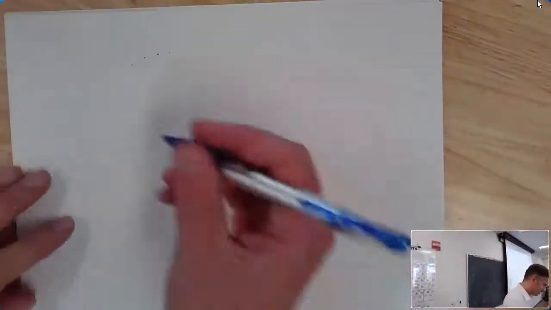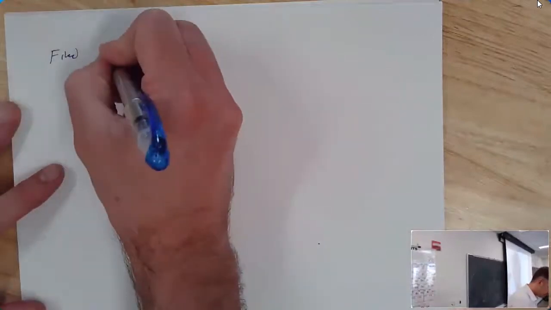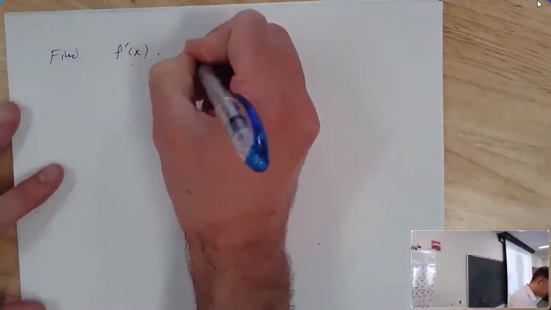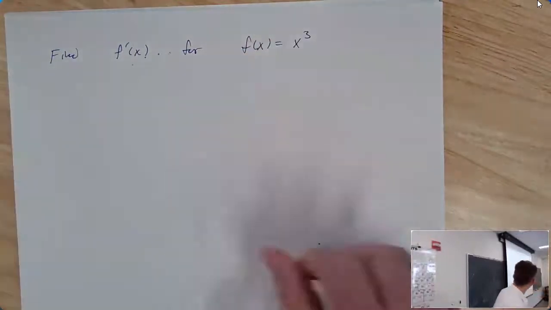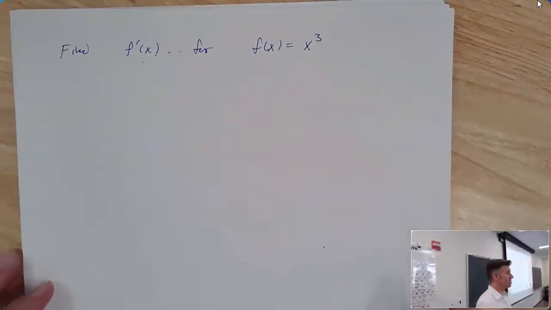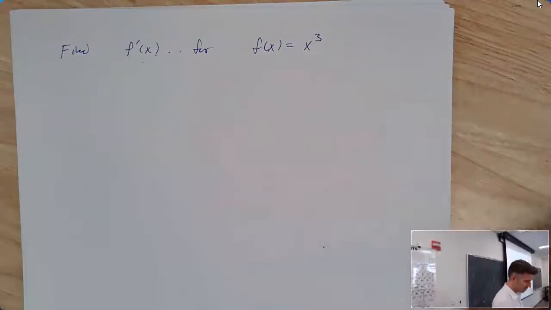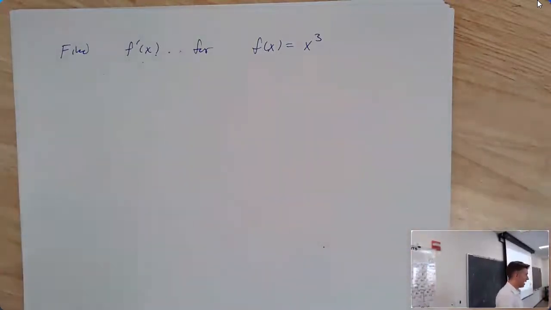Like, find the derivative of f of x equal to x to the third. So we're just going to throw this into the definition. I personally like to rewrite the definition every time I do it, so I know what I'm doing, but you don't have to.